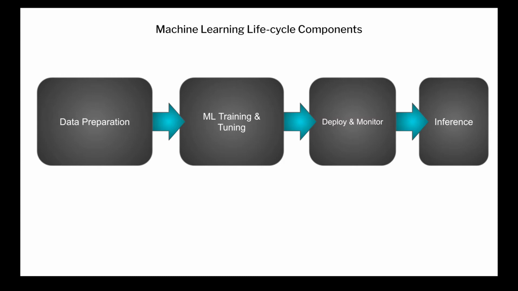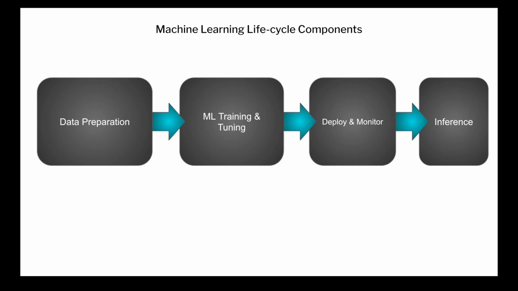In the third stage, we deploy the machine learning model and monitor its usage. The machine learning model deployment can be done in a variety of ways. It all depends on what kind of machine learning problem we are solving and how that machine learning model is going to be consumed.